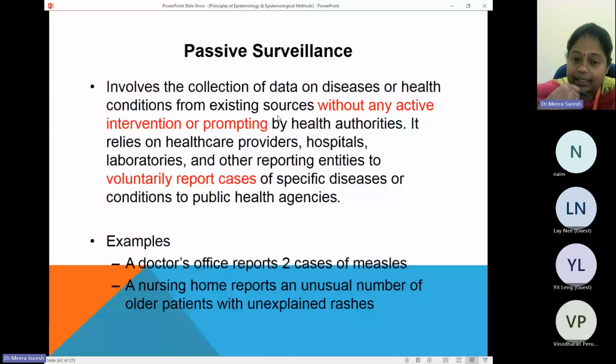They wait for healthcare providers, hospitals, labs, and other reporting entities to voluntarily report cases. For example, a doctor's office reports 2 cases of measles, or a nursing home reports an unusual number of older patients with unexplained rashes. So they get the surveillance data without getting actively involved in what is happening.